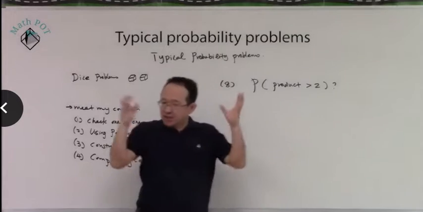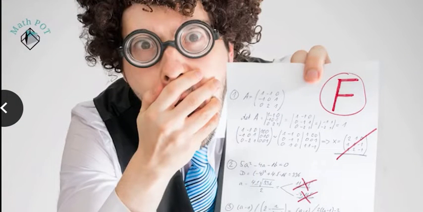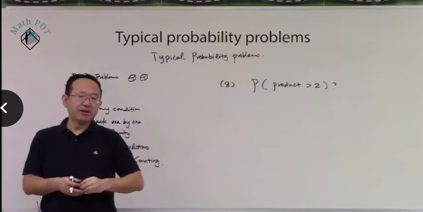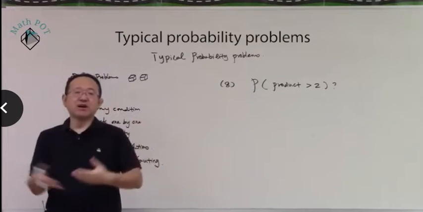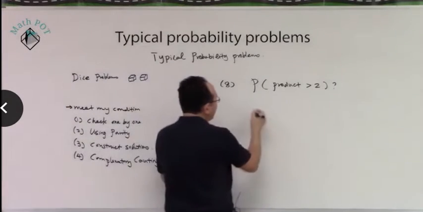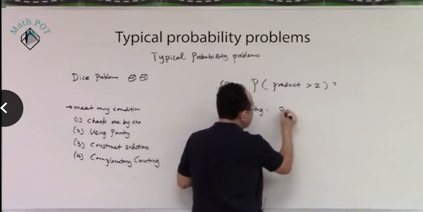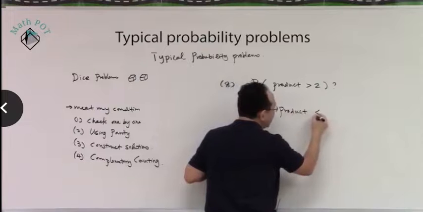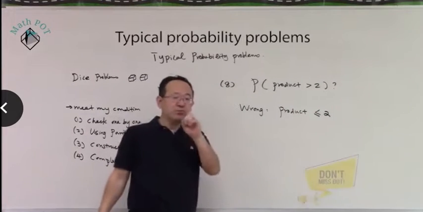Instead, I figure the total and subtract how many outcomes fail the condition. So total minus wrong answers gives us the right answers. So let's try to figure the number of wrong outcomes, where the product is less than or equal to 2.